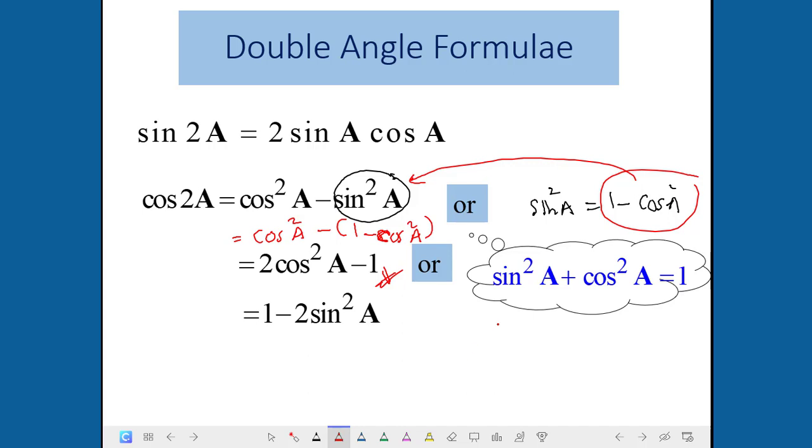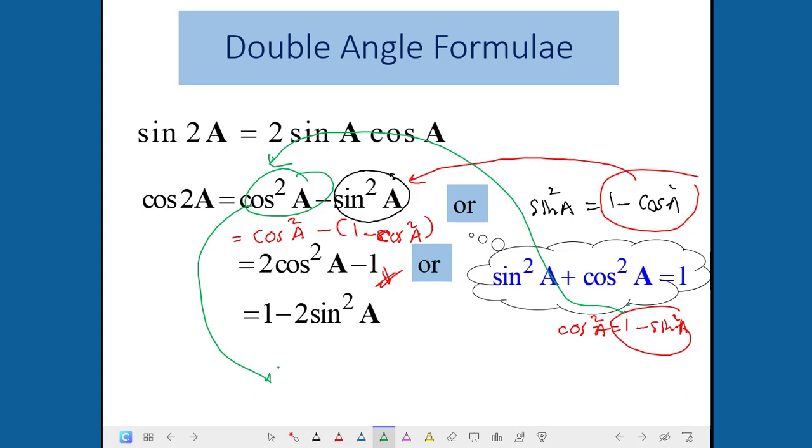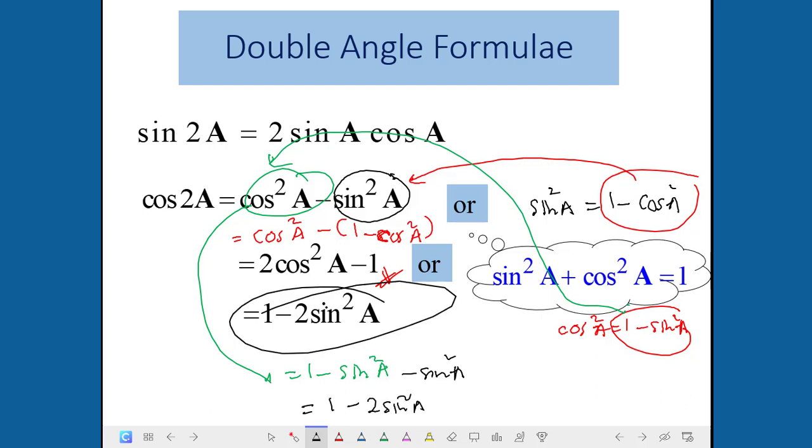Or, let's say you want to get rid of cos squared A. Now cos squared A is equal to 1 minus sin squared A. Substitute it here, so now you have 1 minus sin squared A minus sin squared A. The answer is 1 minus 2 sin squared A. So here the double angle for cos 2A, this is the basic one.